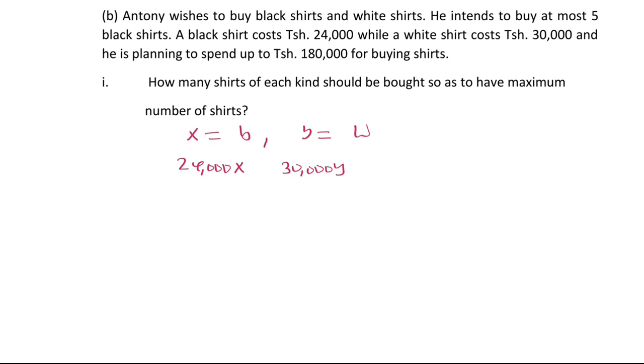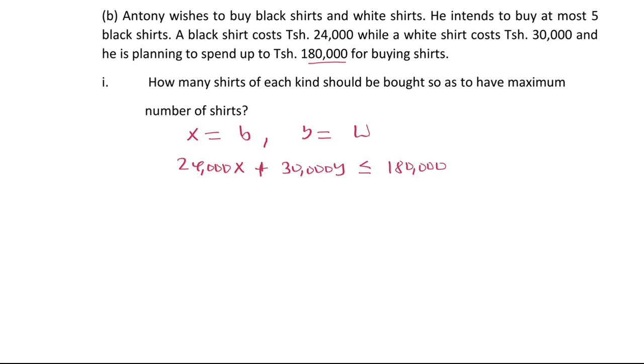But Anthony spends only 180,000. Then the inequality is going to be 24,000x plus 30,000y is less than or equal to 180,000.